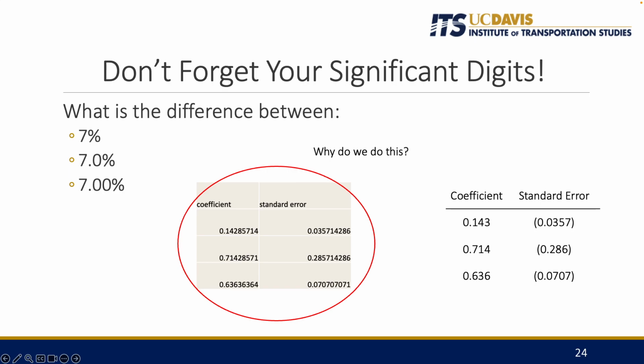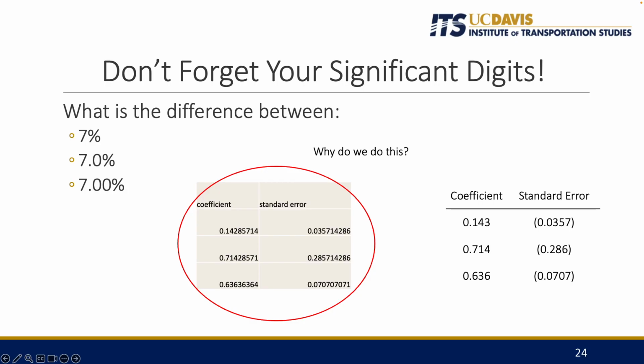But here, your plus or minus on your last digit could be anywhere between 53 to 55%, whereas this could be 54.01 down to 53.99%, right? And that would indicate a different level of precision for this number.